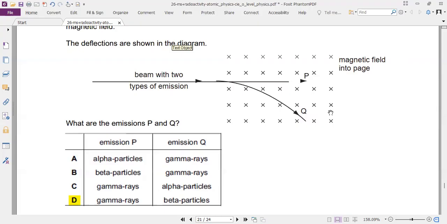That will put our thumb in the downward direction. So what we are using our hand for is electrons, which is beta particles. If this arrow was up, we would still be using the same right hand rule, but if our thumb shows down and the deflection was up, that means it was going to be alpha particles. Remember this very, very carefully.